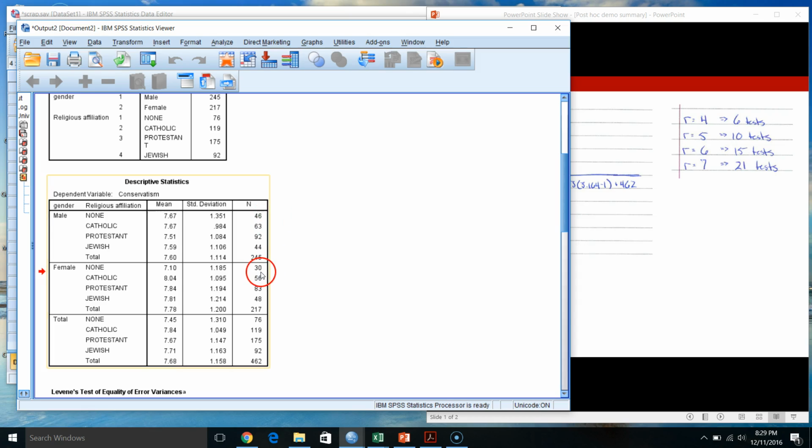So total sample size there minus 2 gives us a total degrees of freedom equal to 74. And the degrees of freedom for any other comparison that I would make is going to be higher. So if I'm looking at unaffiliated men and Jewish men, that's still going to be a higher degrees of freedom.